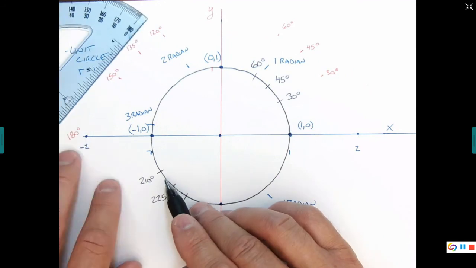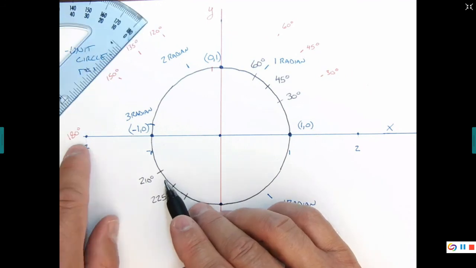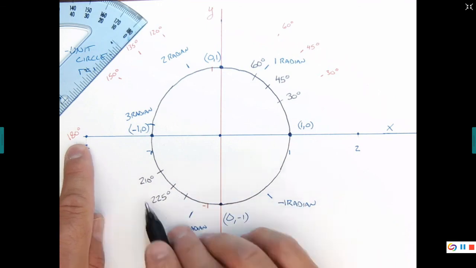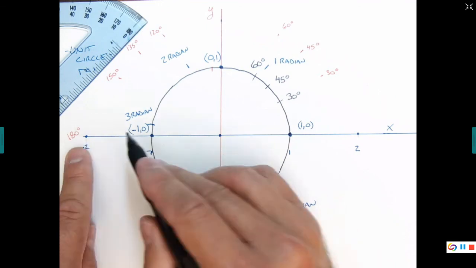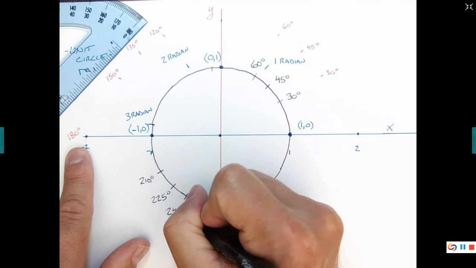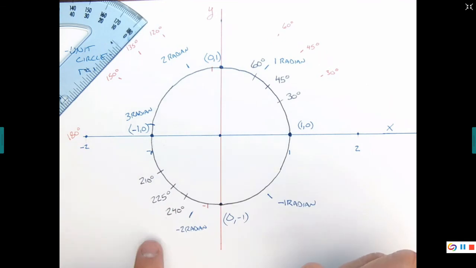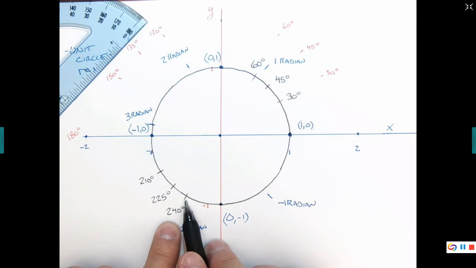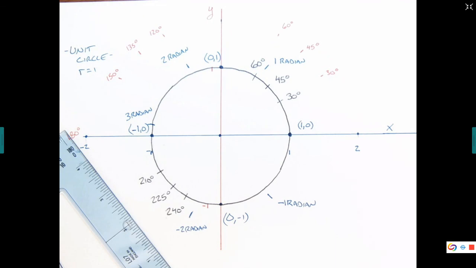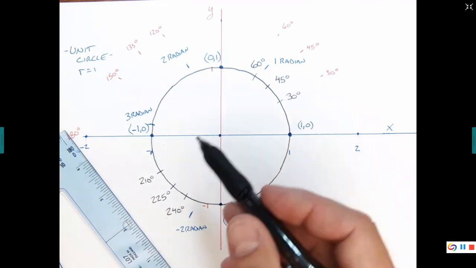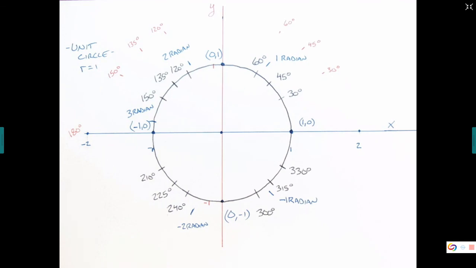If this is 180 degrees and we're going to add 60 degrees to it, we have 240 degrees. I'm going to pause the video as I mark off the rest of them. Alright, that's done. I've got those marked off.